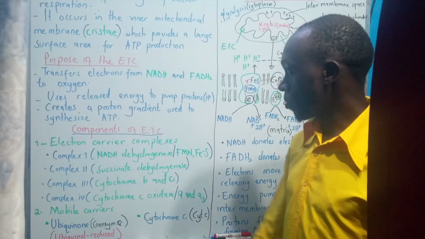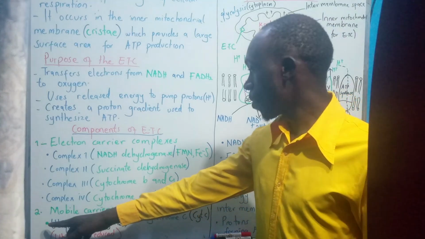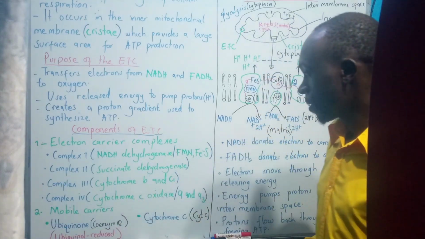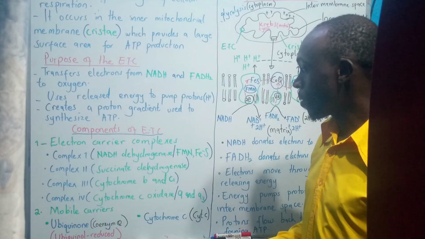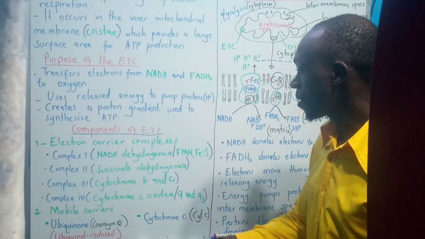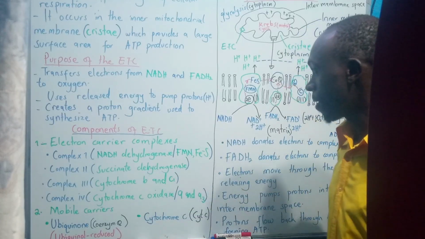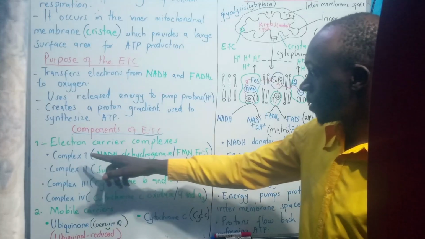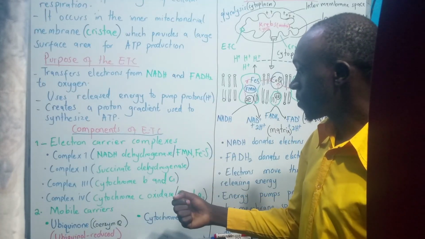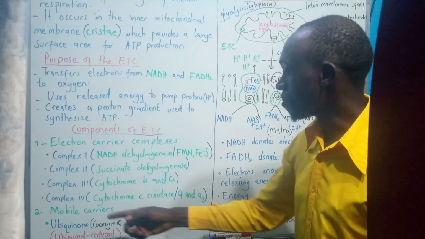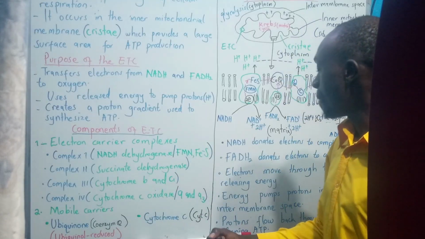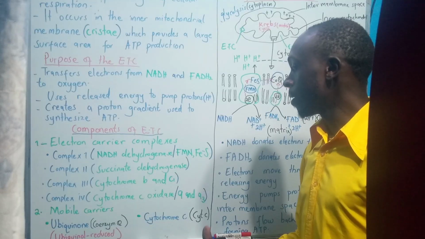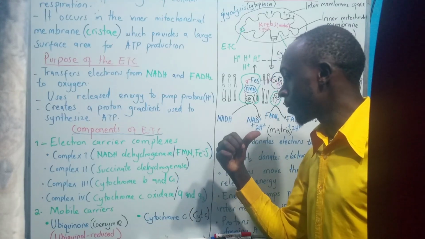Now, number 2, we have what we call mobile carriers. What is a mobile carrier? A mobile carrier is capable of moving from one point to another. Previously we looked at electron carriers. These electron carriers are not the same as mobile carriers. These electron carriers may just receive electrons and later give them to a mobile carrier.